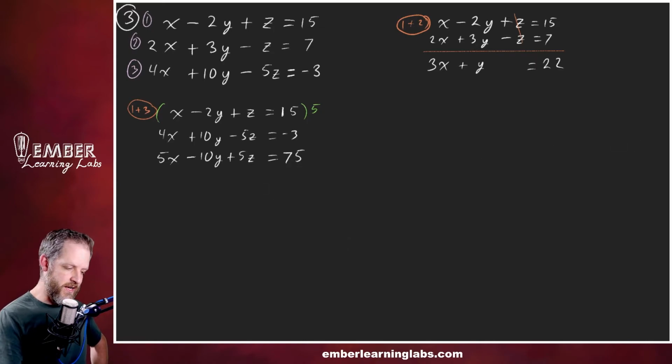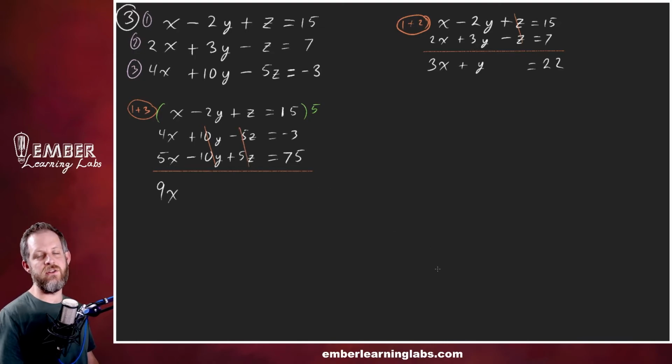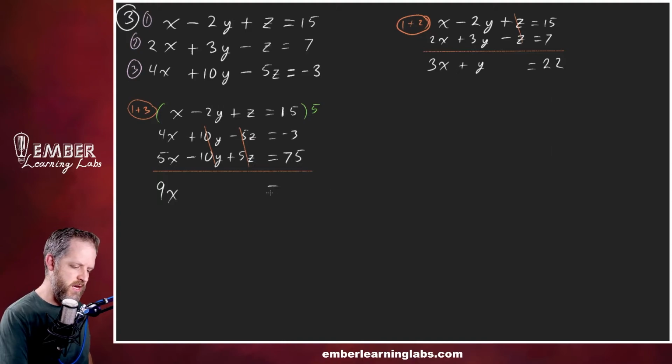So now we're going to eliminate them. 4x plus 5x equals 9x. And awesome, the y's cancel and the z's cancel. -3 plus 75 is 72.